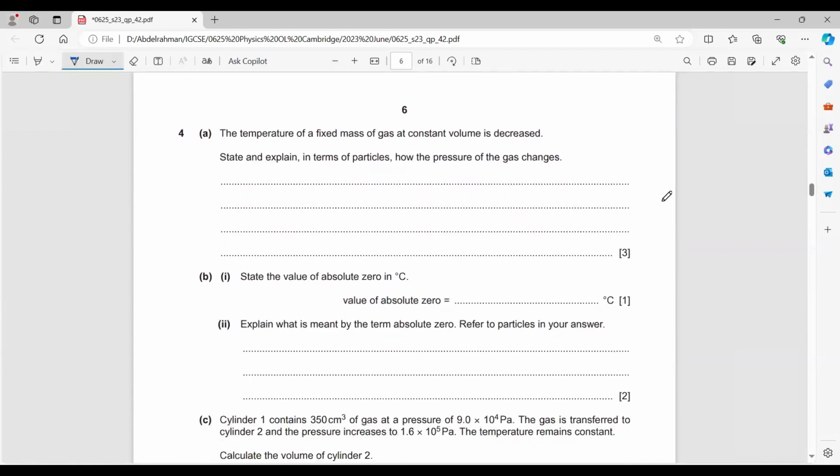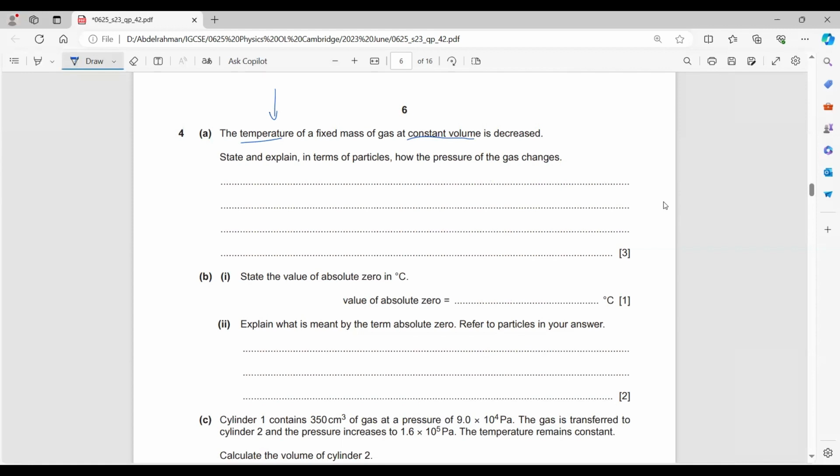Okay. The temperature of a fixed mass of gas at constant volume is decreased. Temperature is decreased, constant volume. What happens and how does the pressure change? Any ideas?